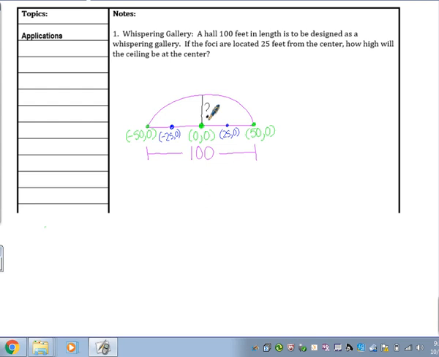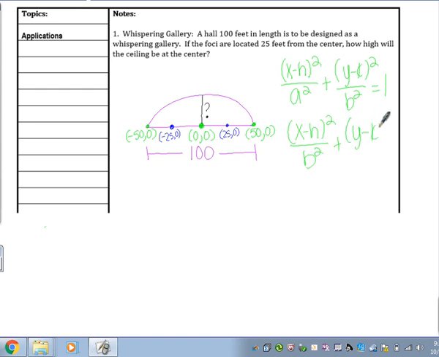Now, we have a couple of equations that go with our ellipse. So we have (x minus h) squared over a squared plus (y minus k) squared over b squared equals 1. Or it could have been reversed, where the a squared and the b squared could have been flipped, depending on where it was longer.